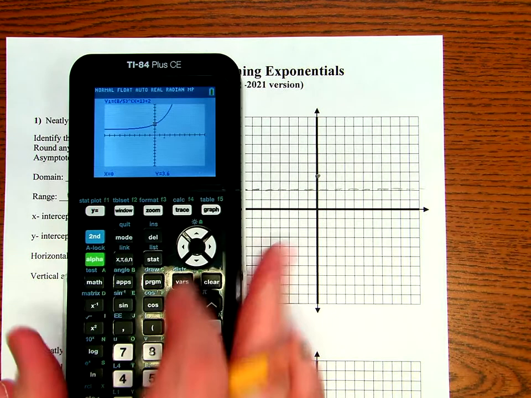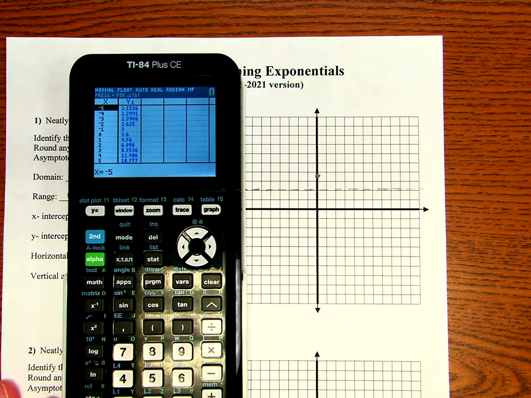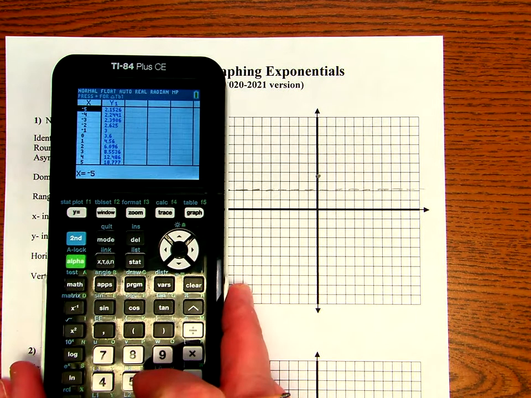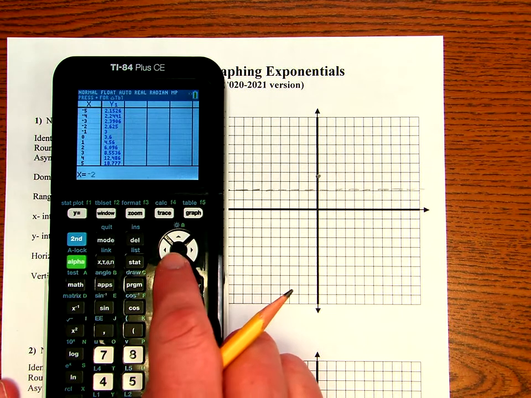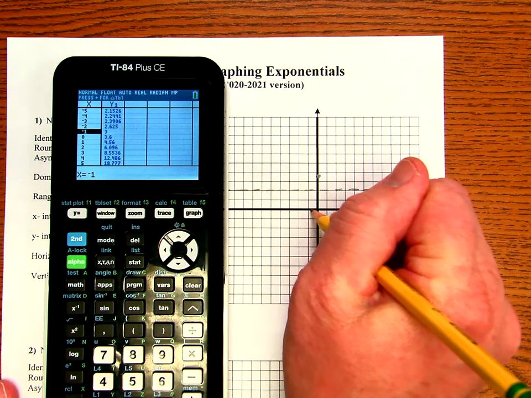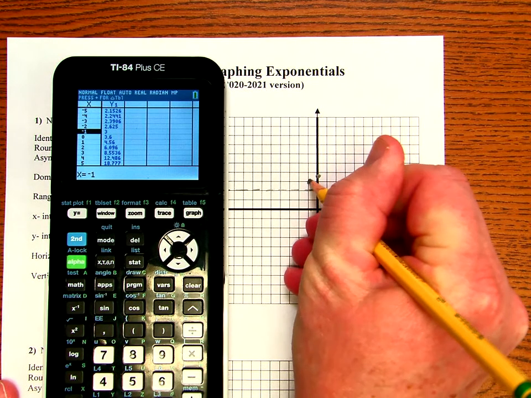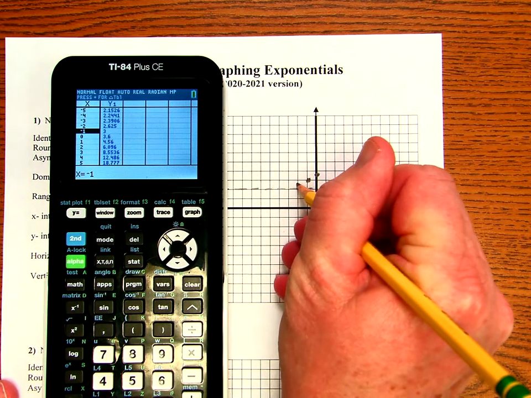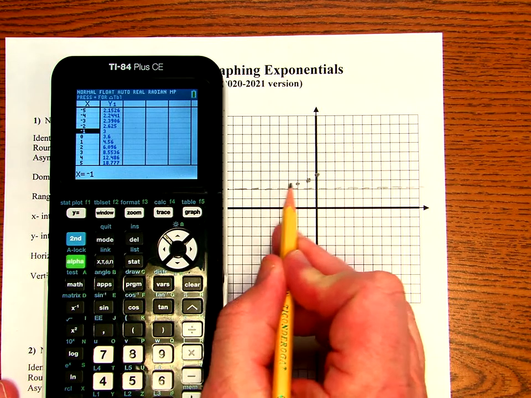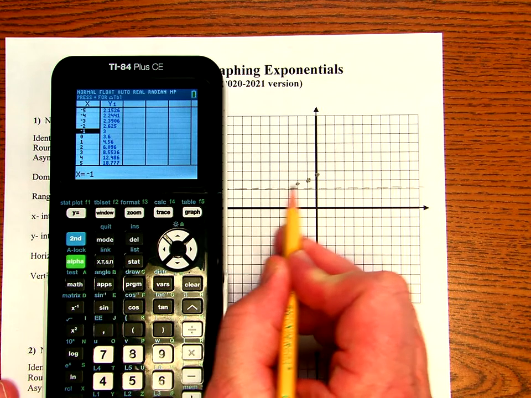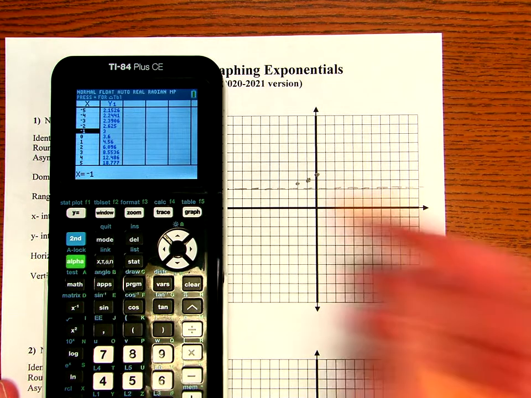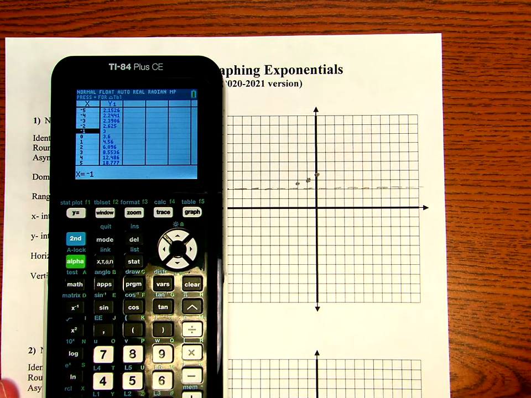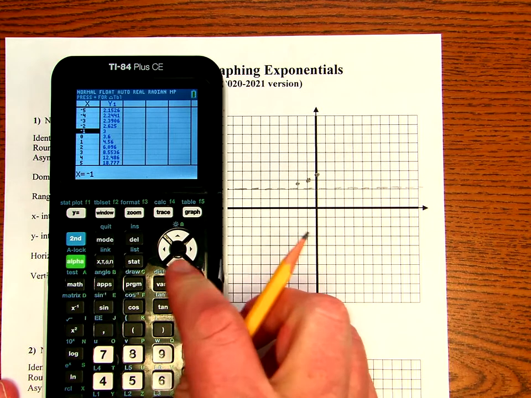What I'm going to do is go to my table and get a couple of useful points. Going on the negative side, (-1, 3) is a point, and (-2, 2.6). We really don't have to go any further than that because we know it's going to approach this asymptotically. The decimals we get from the calculator are too precise to graph anyway. What we need is a couple of points over here.